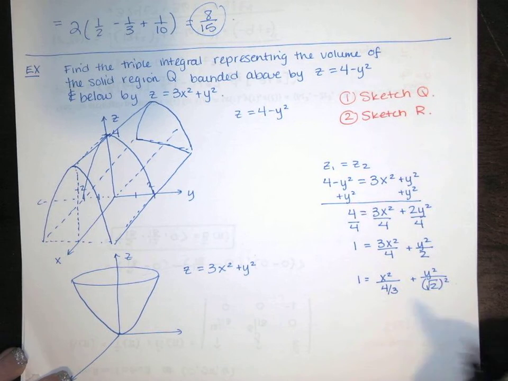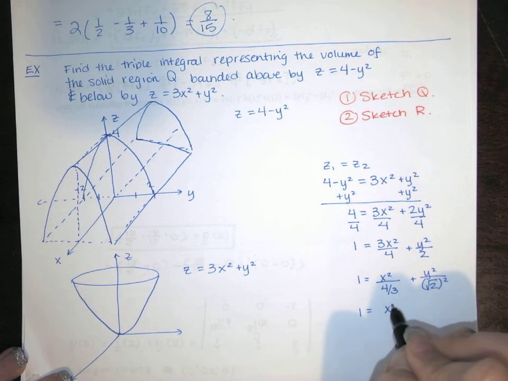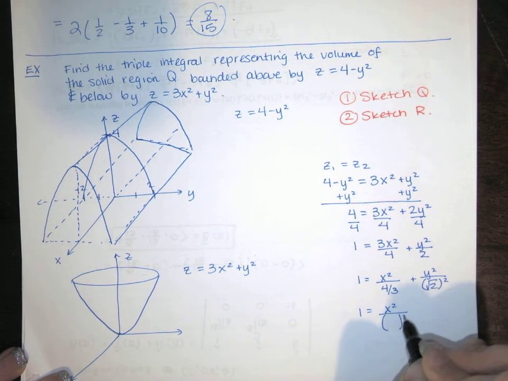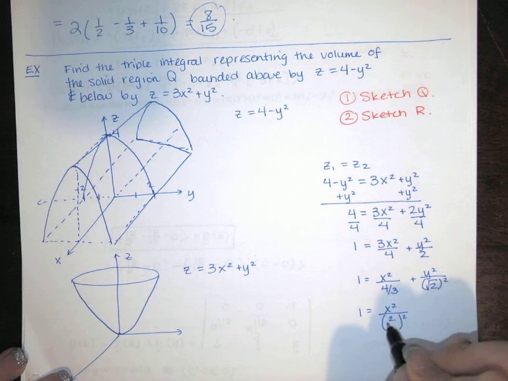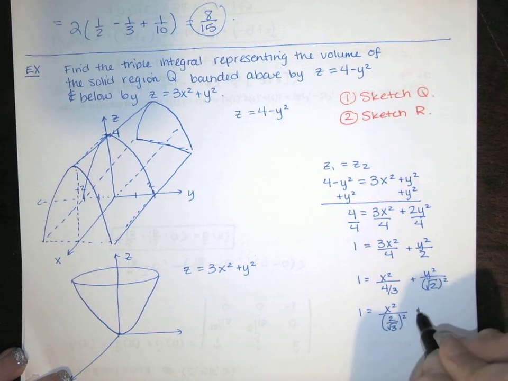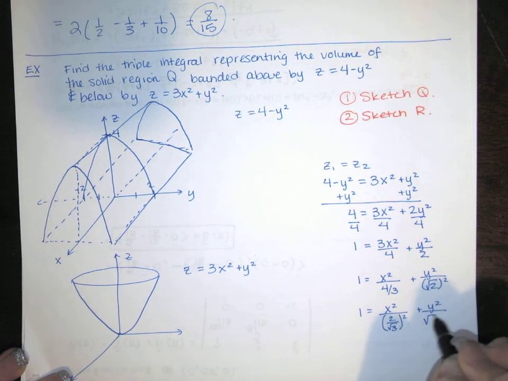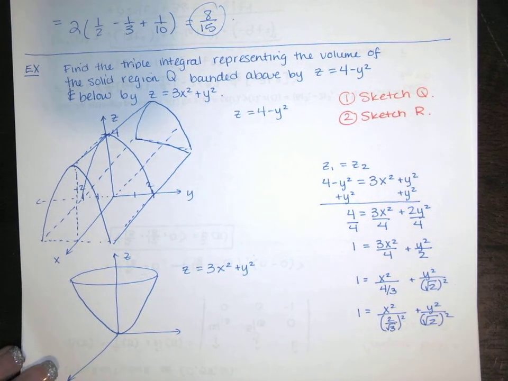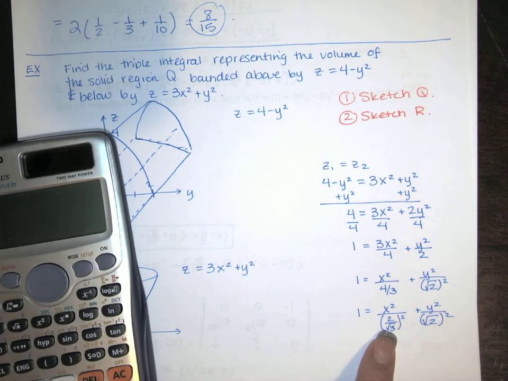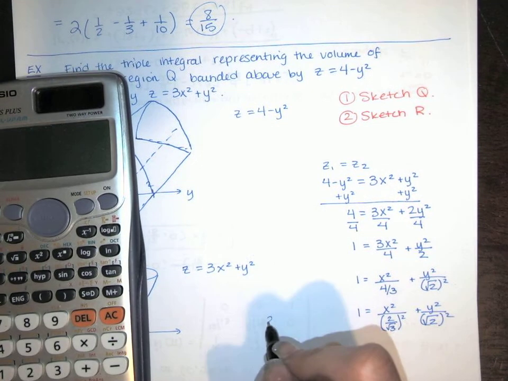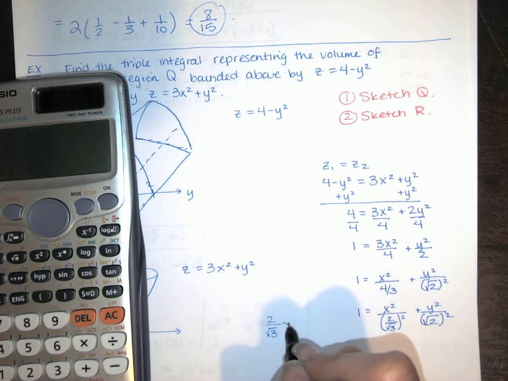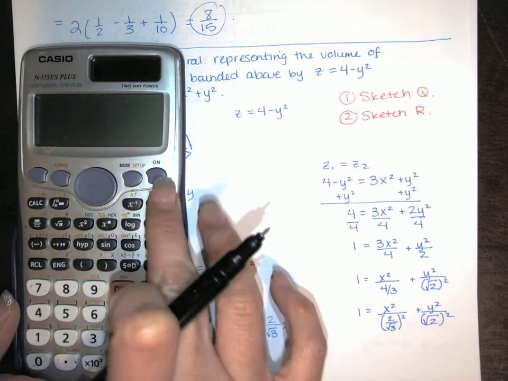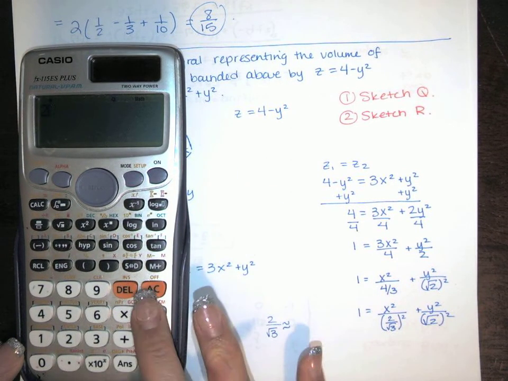And this I really want to write as something squared, so I'll take the square root of that. So I'll have a 2 over root 3 there. I know that looks really bad, but this tells me how many units to go in the x direction from the center. It's 2 over square root of 3.